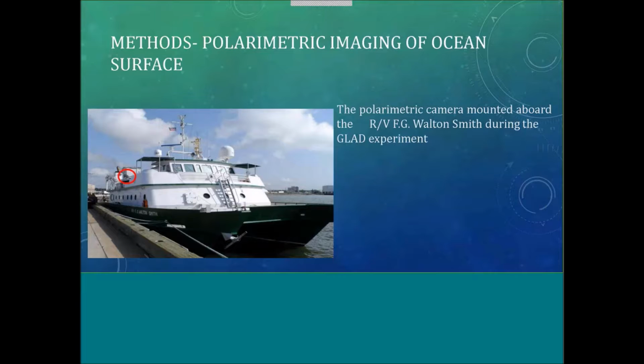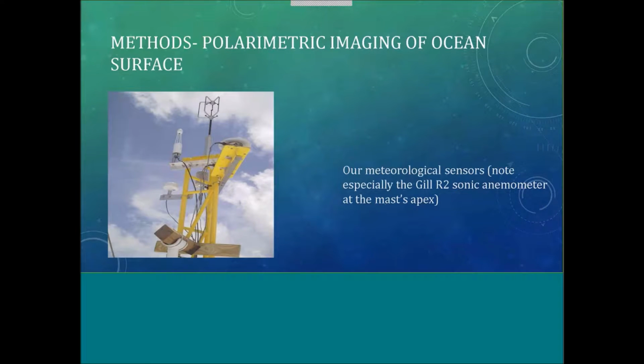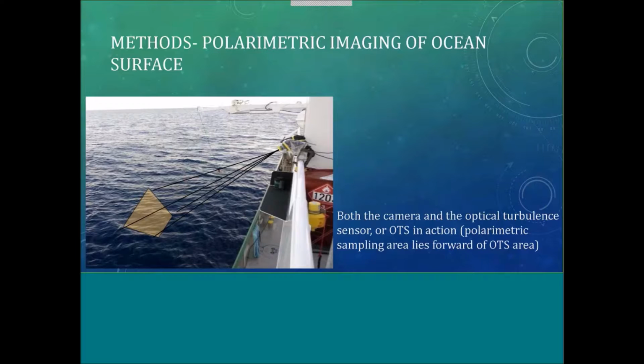Basically what it does is it measures the reflected light coming off the surface, like your sunglasses, where the polarizations knock off some of the reflection. But we record simultaneously the three components of the reflected light off the surface. Here's a picture showing how they're imaging this area of the surface off the starboard bow of the Walton Smith.